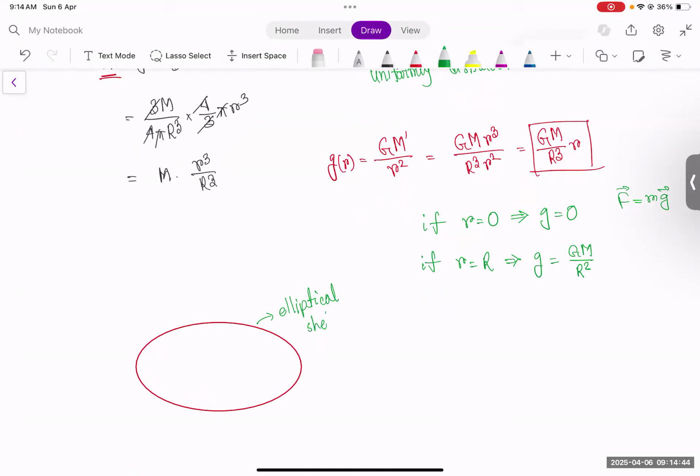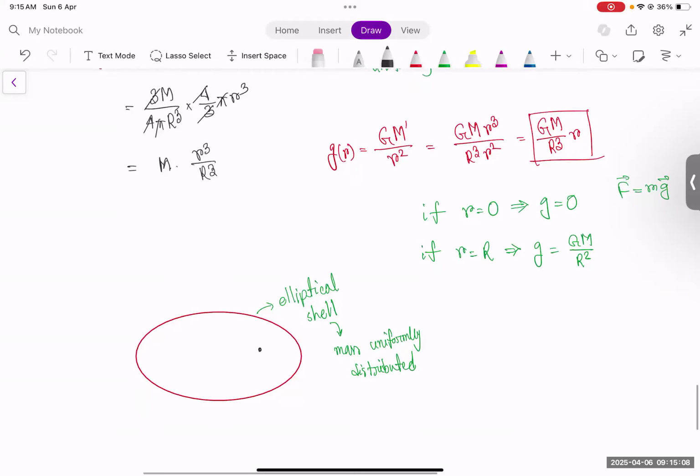Elliptical shell. Shell means hollow inside. And also mass uniformly distributed. So if you have an elliptical shell with uniform mass distribution, the net force inside the shell is 0.